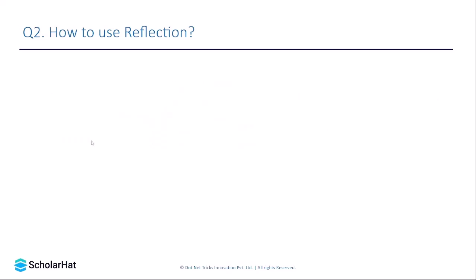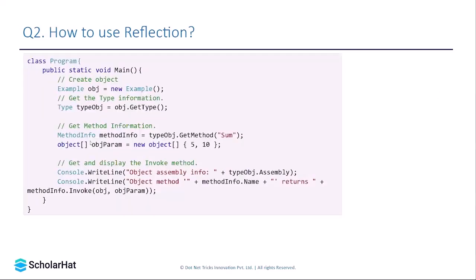Now, how do we use reflection in C#? Let's understand this with the help of pseudocode. Here we have created a class named Program, and inside this class we have created an object of an Example class. Now in this type object we are finding out the type of this object.